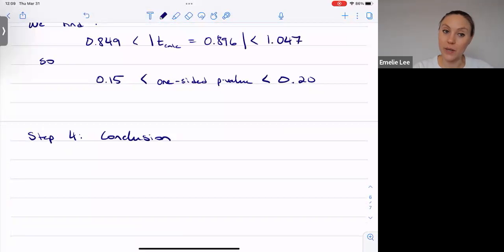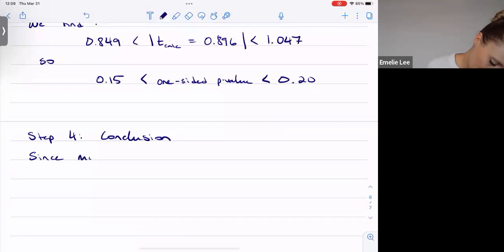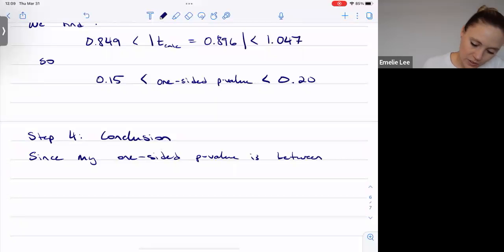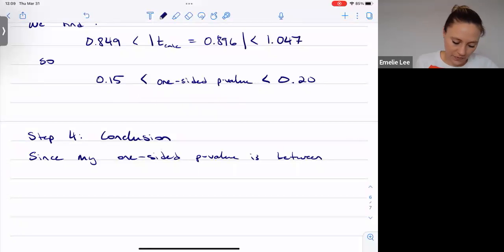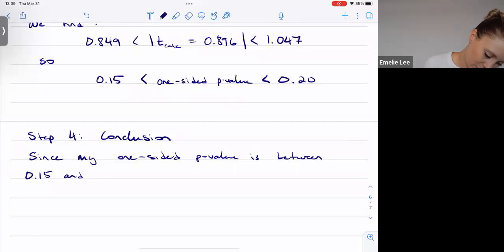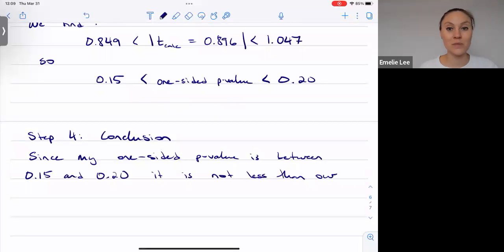First thing I'm going to do is compare my p-value to the alpha level. So since my one-sided p-value is between 0.15 and 0.20, it is not less than our assumed alpha level of 0.05, right? If you have an alpha level, you don't have to say that you're assuming it, it's just given.